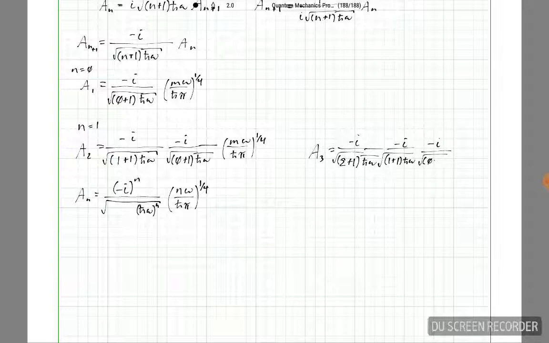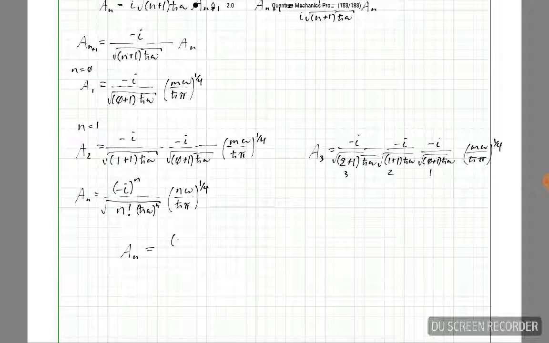And then we had the 0 plus 1 h bar omega, and then we had this guy out here. So that gives me 3 times 2 times 1, or 3 factorial. If it's a2, this gives me 1 times 2, 2 factorial. So I have n factorial.